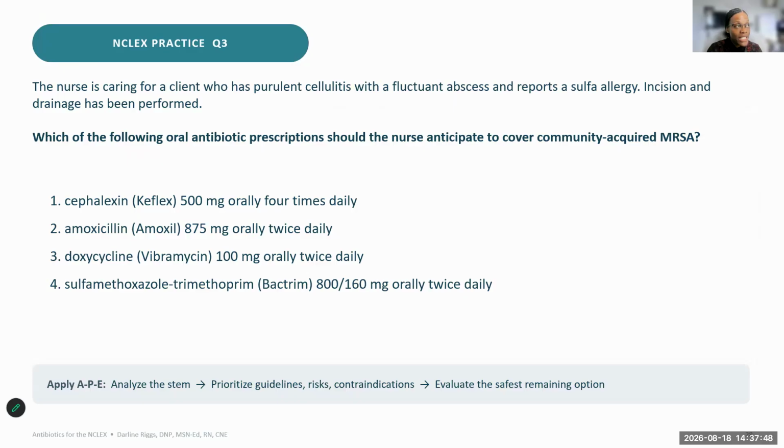So you're going to go through your list and get rid of those medications. They will not work. Cephalexin, that's a cephalosporin, get rid of it. Amoxicillin is a penicillin, get rid of it. Okay, and if you missed that they had a sulfur allergy, you're in trouble.